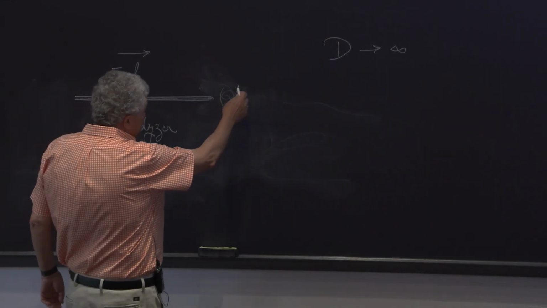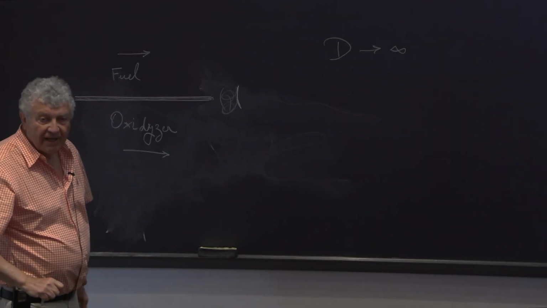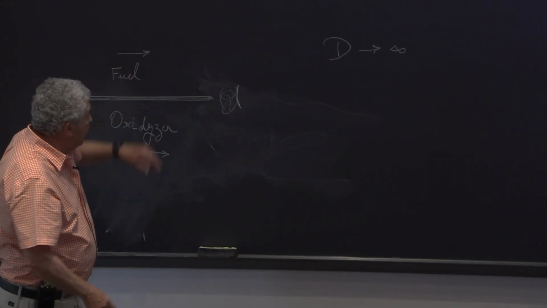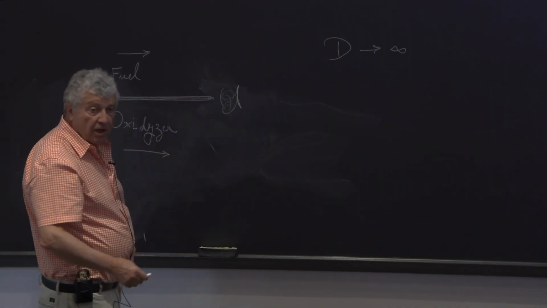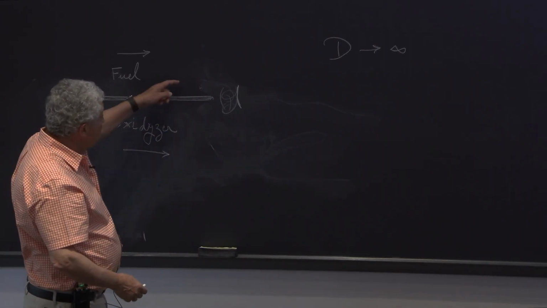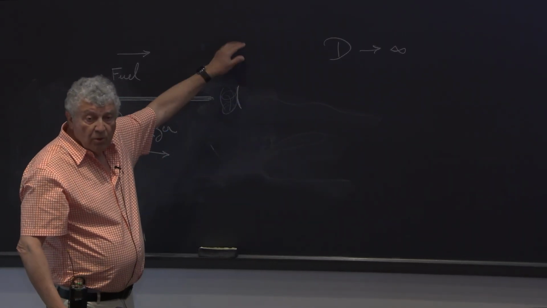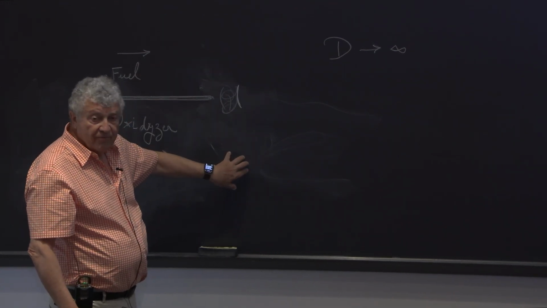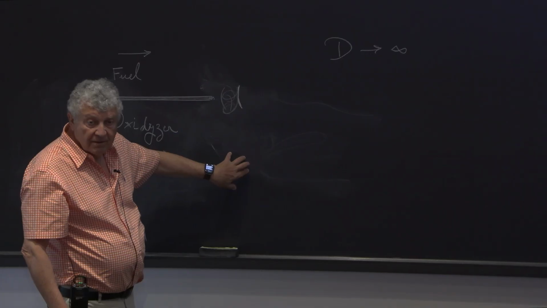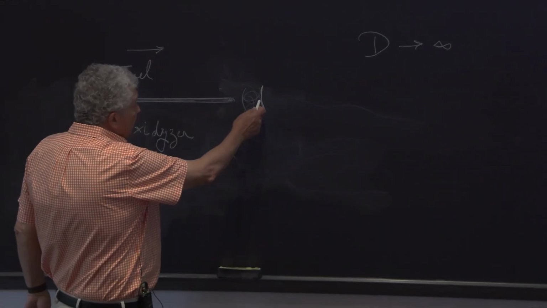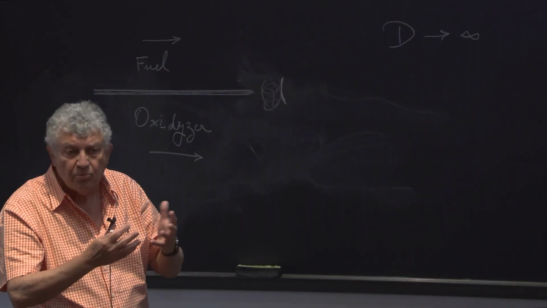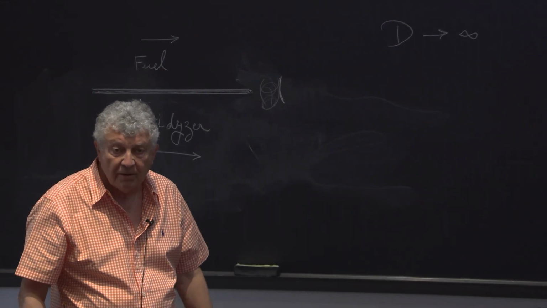Now, I drew here only a segment of that flame. Further up here, there is more fuel than oxidizer. So that premixed flame will be fuel rich on this side and will be fuel lean on this side. Now, near the splitter plate, it's more or less close to stoichiometry.